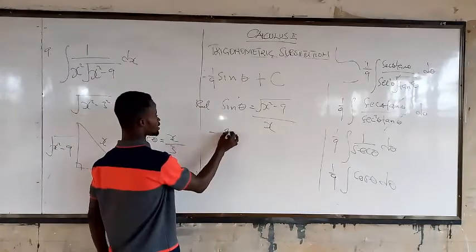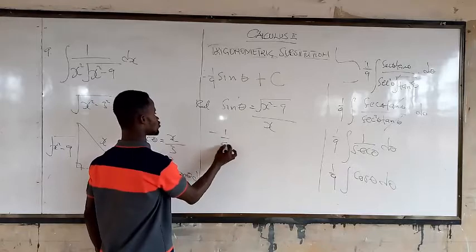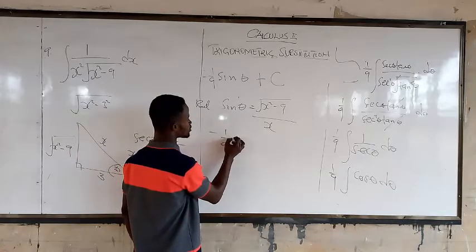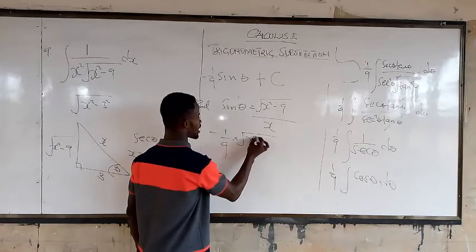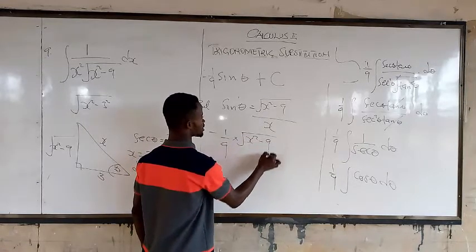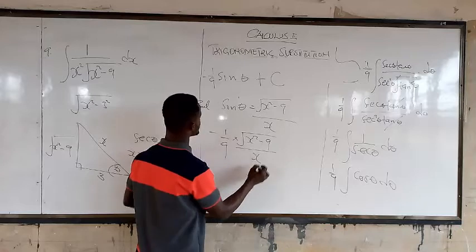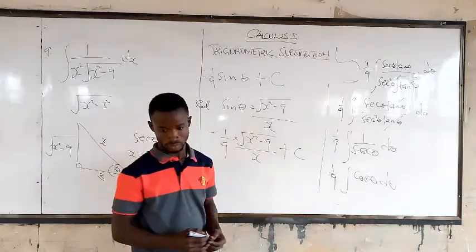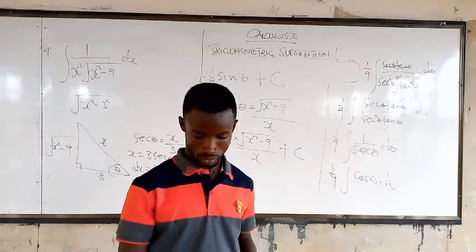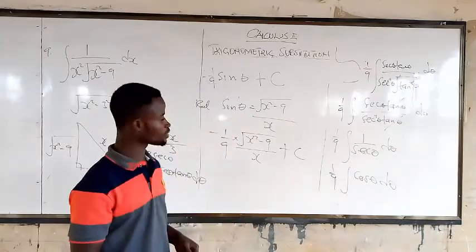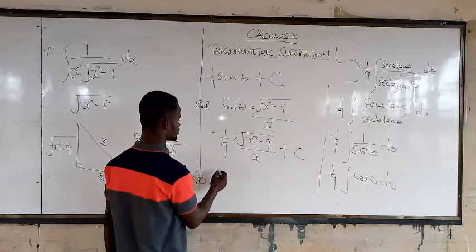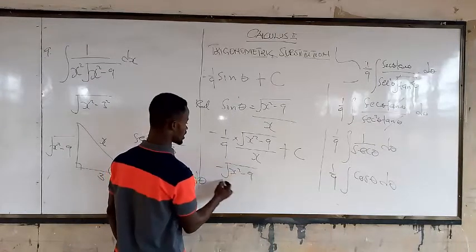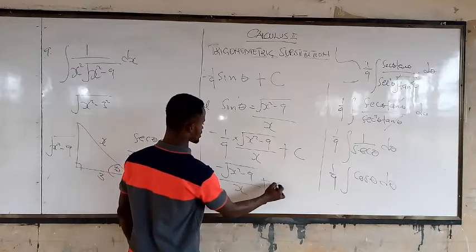So therefore we get 1 over 9 times the square root of s squared minus 9 over s plus c. So definitely we end up getting square root of s squared minus 9 over s plus c.